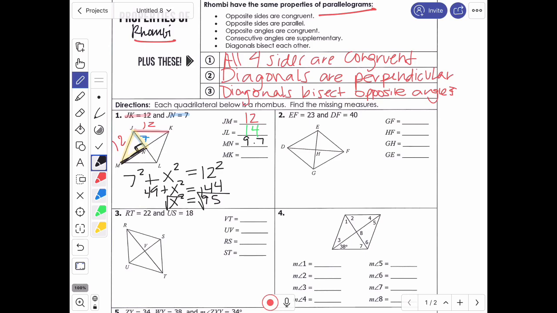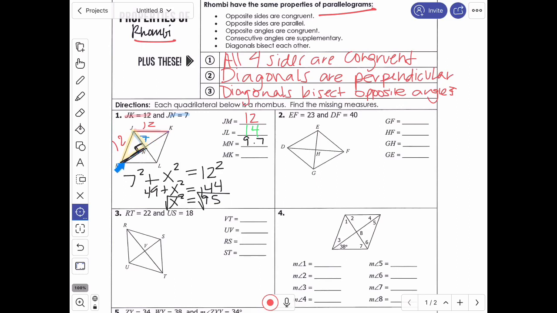Okay, so you're going to have to use the Pythagorean theorem in these as well. Just so you know, anytime you're talking about perpendicular lines or right angles, you're probably going to be using right triangle properties, like the Pythagorean theorem. The last side that we're finding is MK. MK is this diagonal.